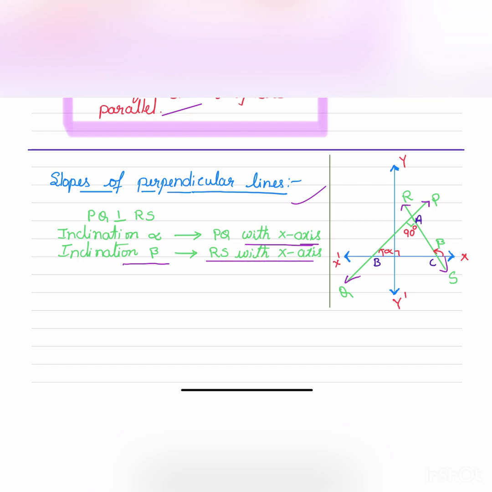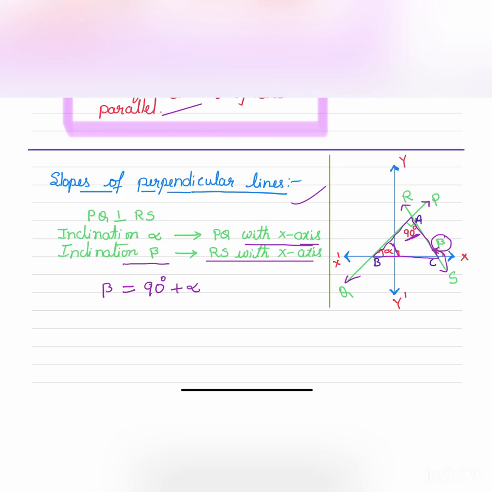Now if we take this triangle ABC, in this triangle beta is nothing but the external angle. So angle beta will be equal to the sum of the internal opposite angles. For beta, the internal opposite angles are 90 degrees and alpha. So beta is equal to 90 degrees plus alpha.